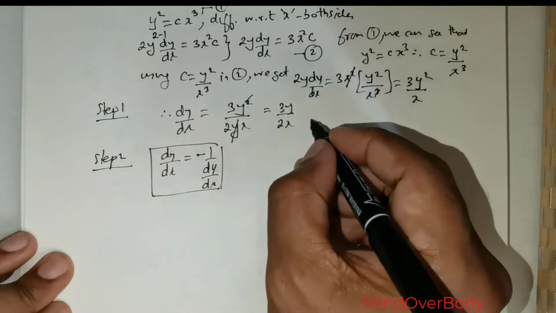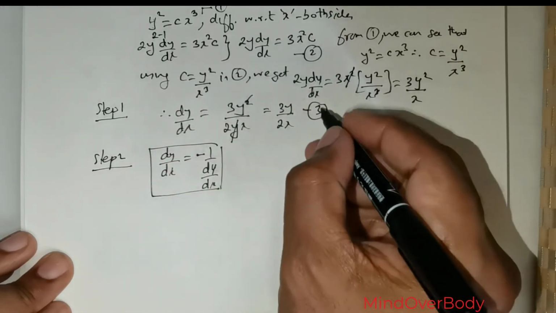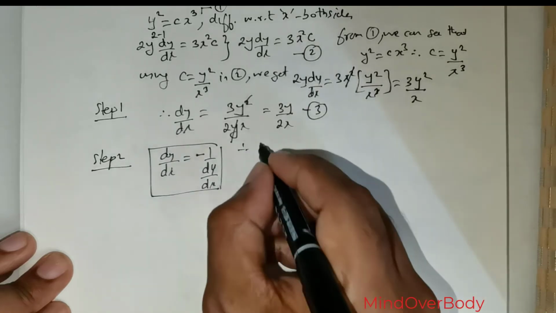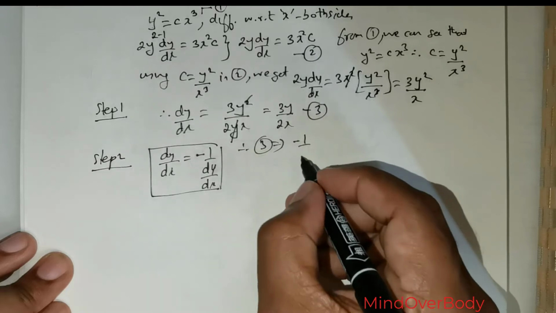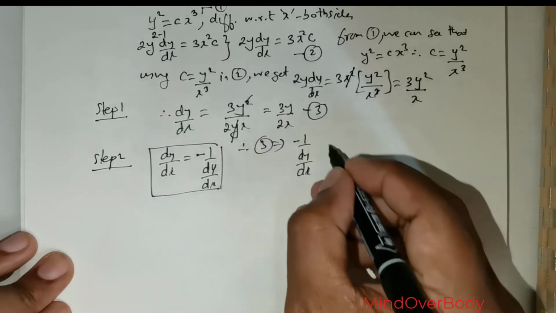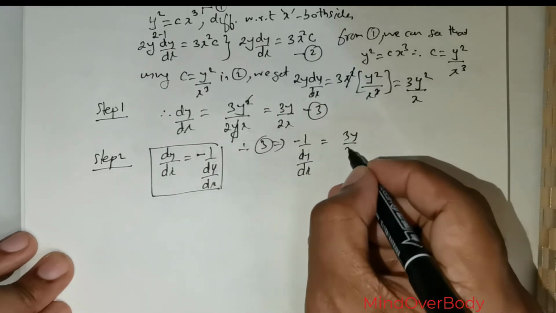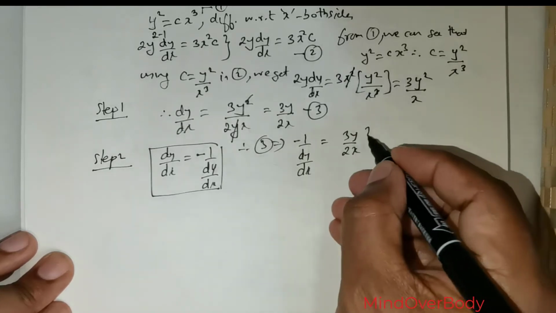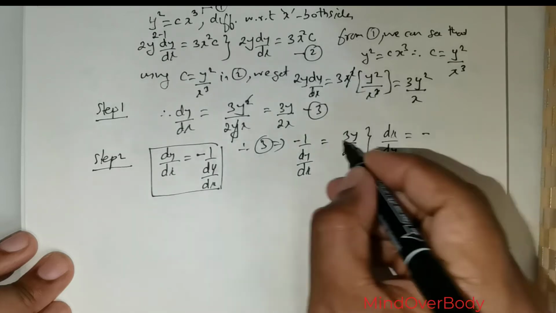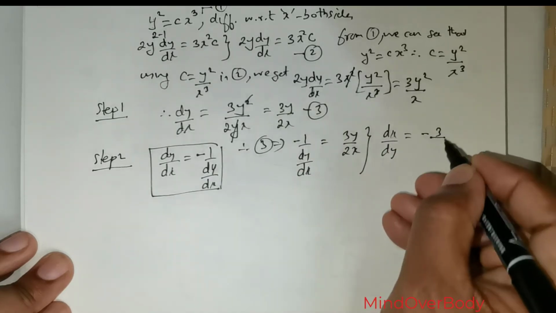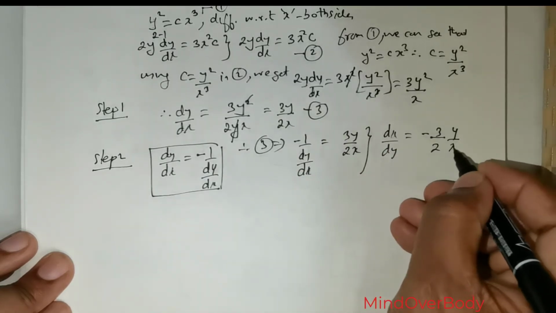Now if I were to take this as 3, in place of dy over dx, I get negative 1 over dy over dx is equal to 3 times y over 2 times x. If I were to flip this, this is going to be dx over dy is equal to, I'm going to place the negative sign here, 3 over 2 times y over x.